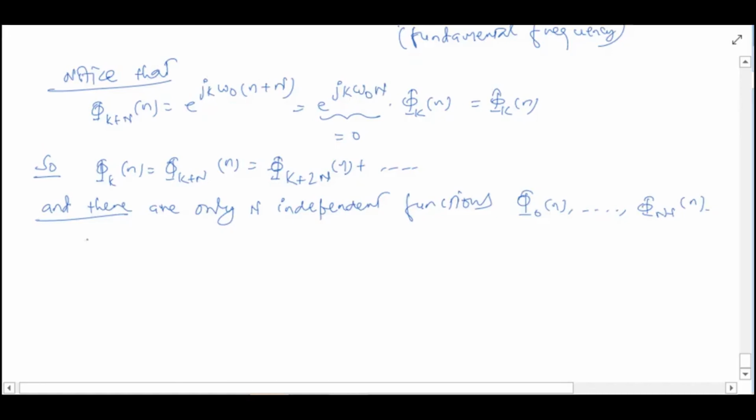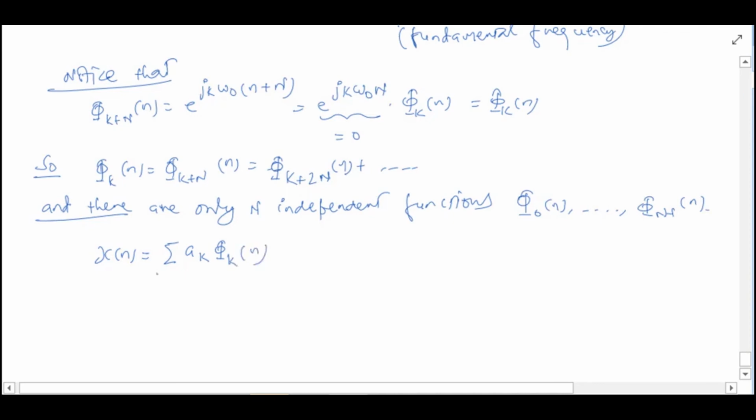As a consequence we can represent x[n] as a finite sum. So unlike the continuous time case where we had an infinite series, in discrete time a periodic signal x[n] is represented as a finite sum of complex exponentials.